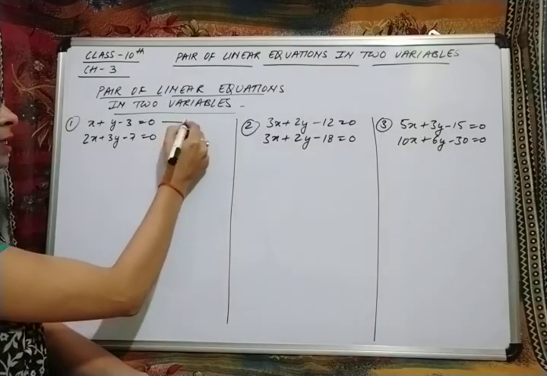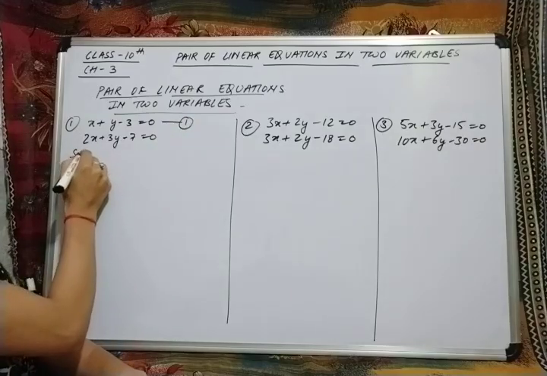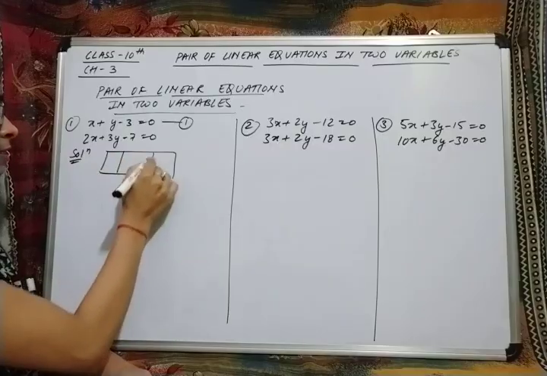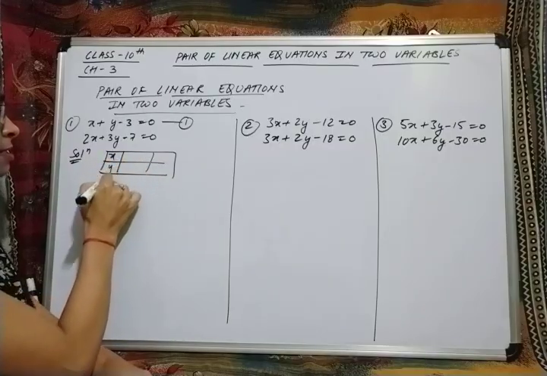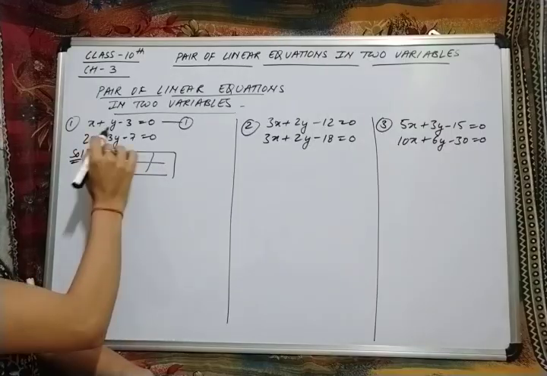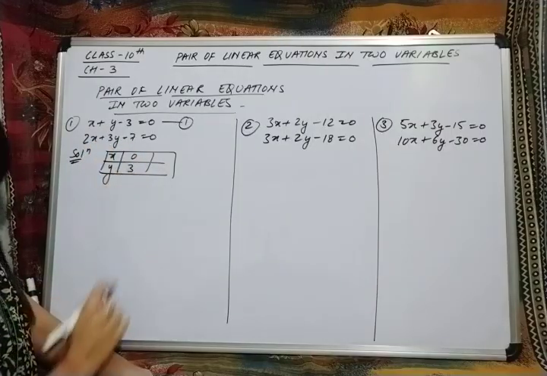Now suppose I am taking the first equation and finding its solutions. We'll write like this: this is x and this is y. Suppose I put x equal to 0. So what will be the value of y from the first equation? The value of y will be 3.